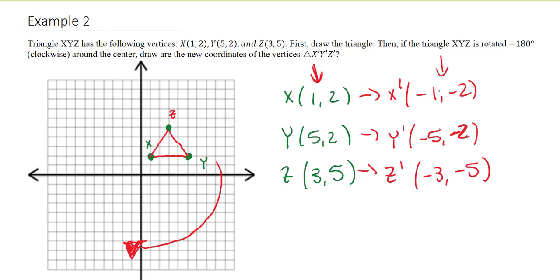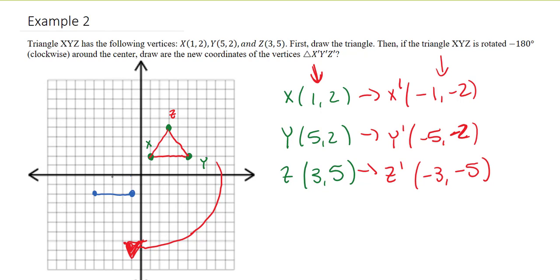If we have X prime, which is (-1, -2), we go over 1, down 2. Y prime is (-5, -2). So 1, 2, 3, 4, 5, down 2. And then Z prime is (-3, -5).